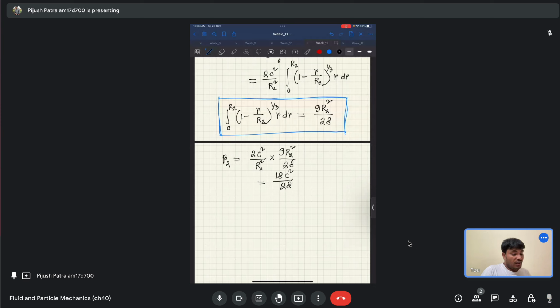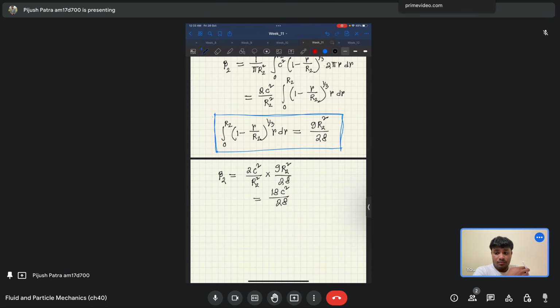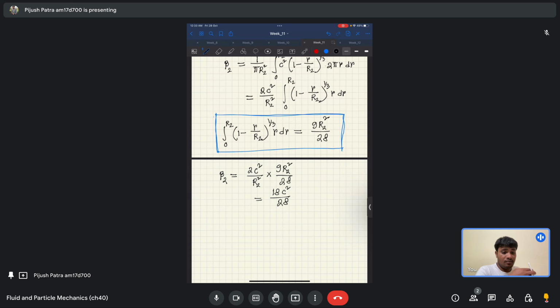Generally, the momentum correction factor in turbulent flow is something around, in between 0.01 to 0.05, something like that.